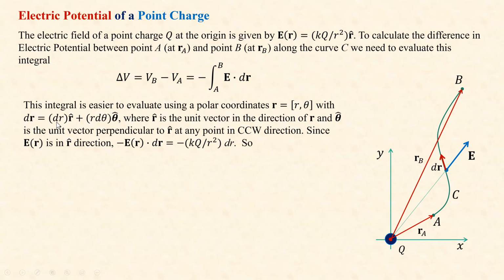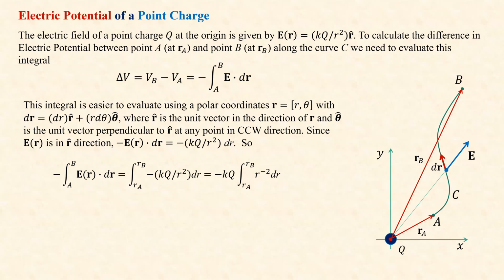So E dot dr becomes only dr times the magnitude of E. And of course, there's a negative sign in front, so it becomes negative KQ over R squared dr. All right, so the negative integral from A to B of E dot dr becomes just the integral of this quantity instead of that.